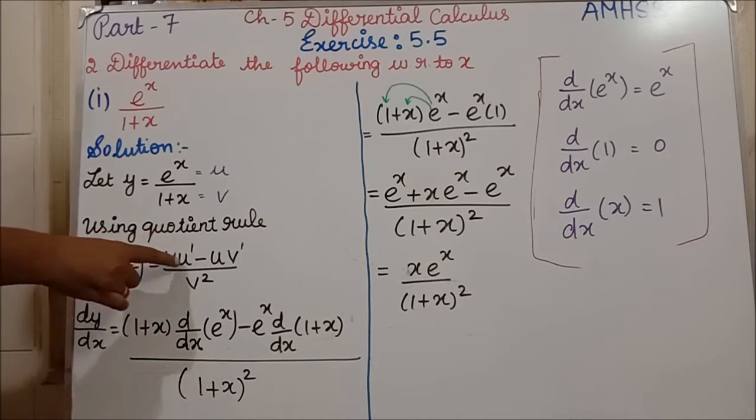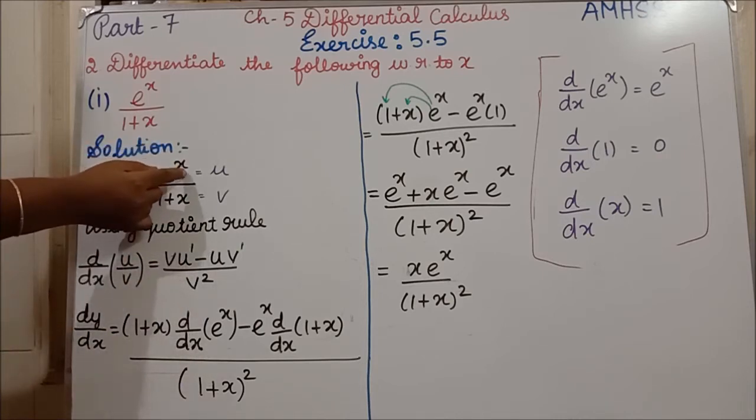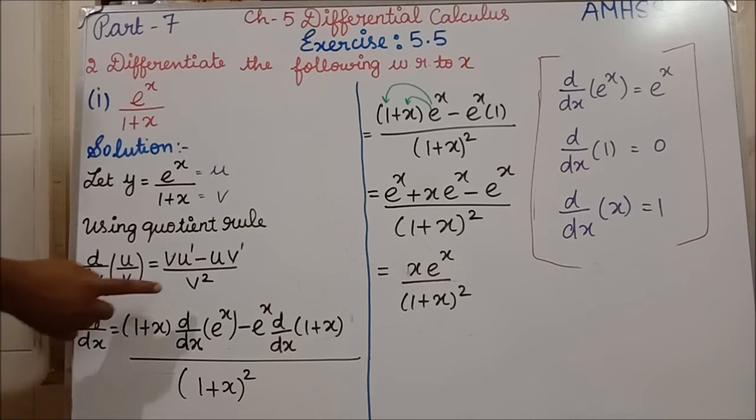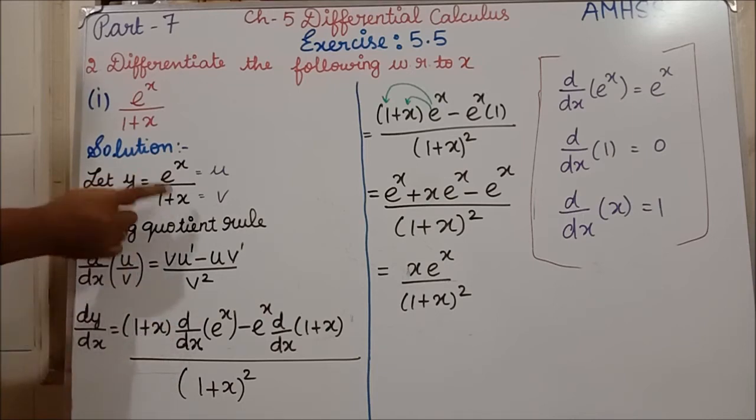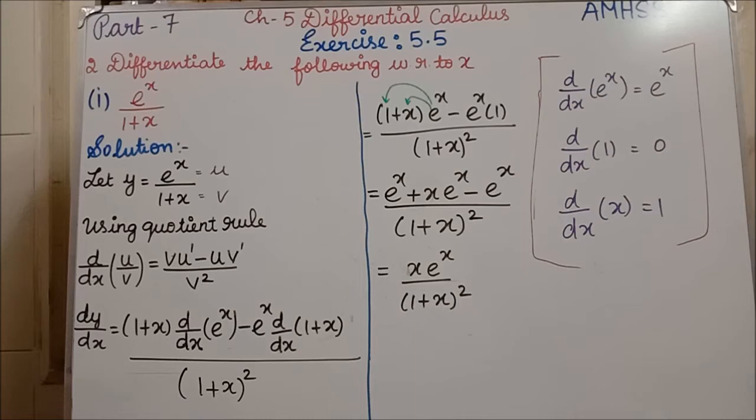U dash means we have to differentiate this u. So d by dx of u is what? E power x. In the formula we are having minus, so minus. Next u, we have to keep u as such. So I am writing now e power x. Now we have to differentiate v, so d by dx of 1 plus x.